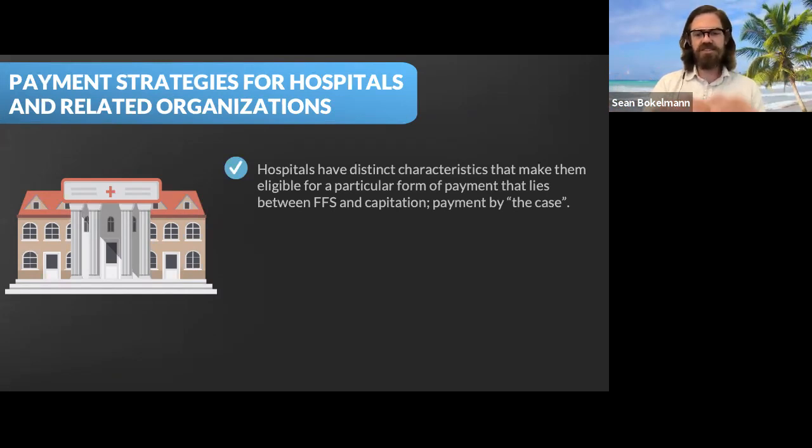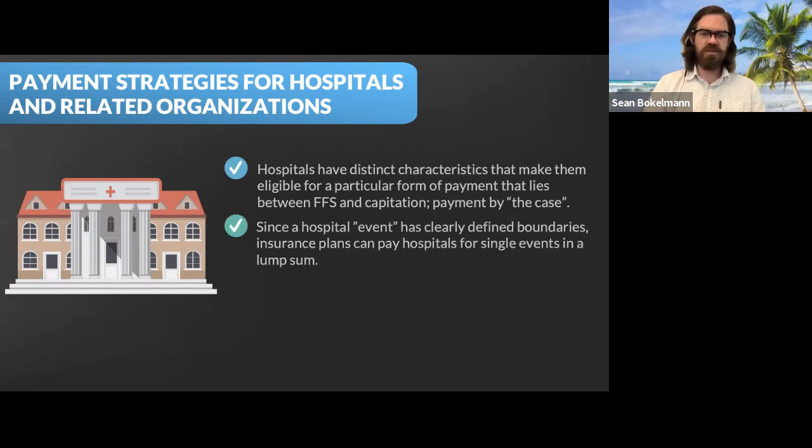Essentially, what they are paid by is on a per case basis, or a per hospital event basis. And this is easy because a hospital event has pretty clearly defined boundaries. It's pretty obvious when a patient becomes hospitalized, right? There's lots of documentation. It's not something that's hazy or fuzzy. It's very clear when these types of events occur.